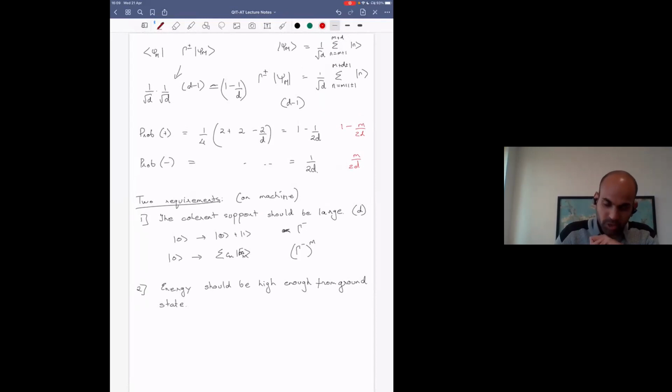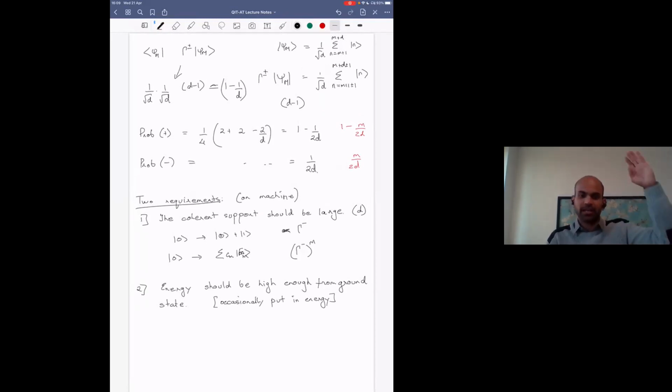The only way to ensure this remains true is you can occasionally put in energy, in the sense that if you do many unitary operations of this form, at some point you could go, well, I need to put in some energy so that the ladder goes away from the ground state.